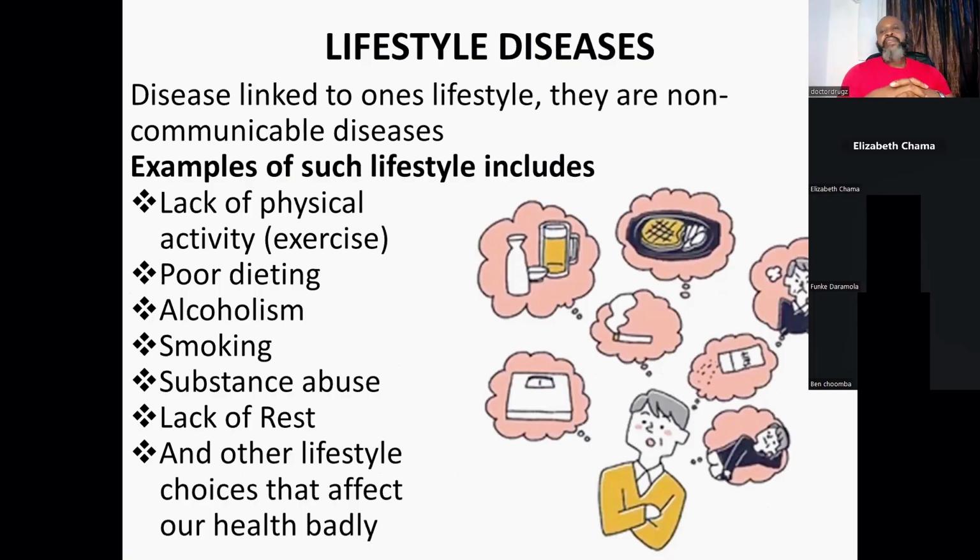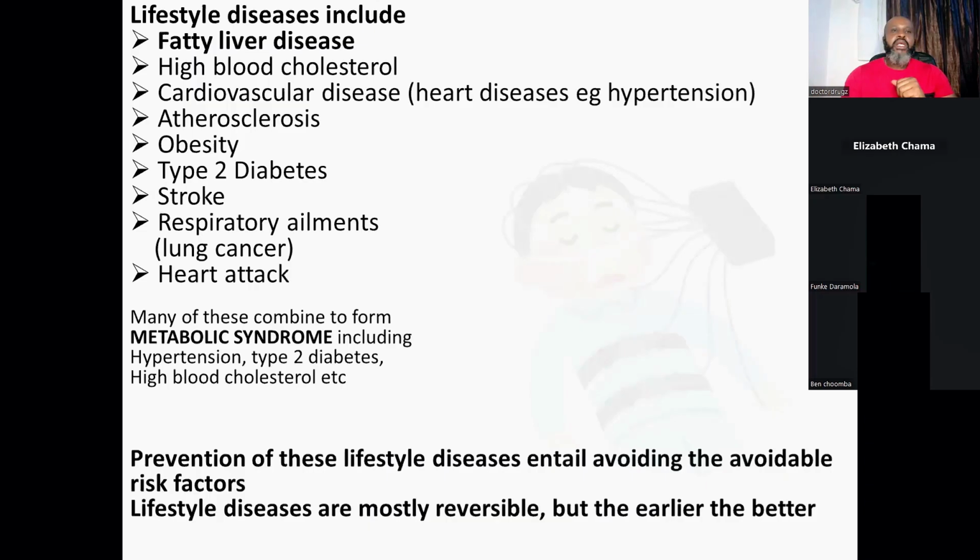Now, lifestyle diseases. Because we're talking about a lifestyle disease, let's just quickly talk about what they are. These are diseases linked to one's lifestyle and are non-communicable diseases. Examples of these lifestyle factors include the popular ones that we know, like lack of physical activity, poor dieting, alcoholism, smoking, substance abuse, lack of rest, amongst others.